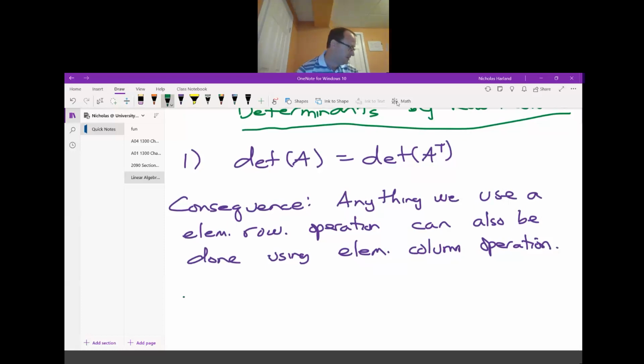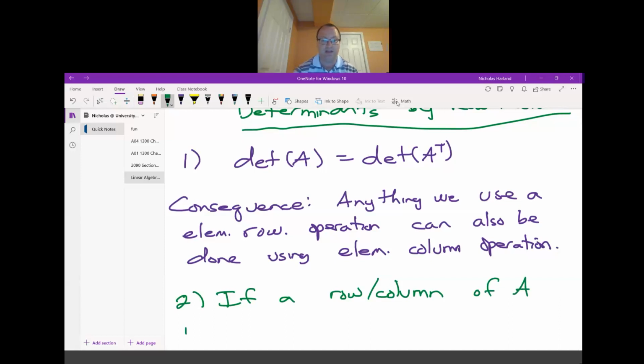All right. The second property that we have, and everything we're saying can be applied to rows or columns, is if a row or column of A is 0, then the determinant of A is equal to 0.